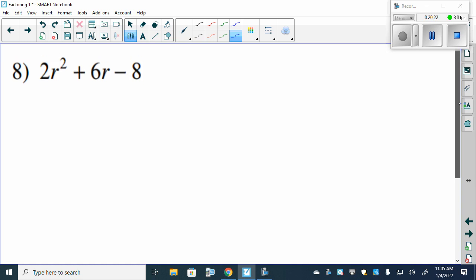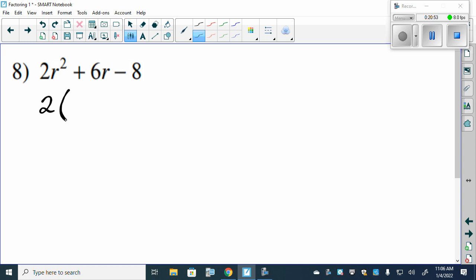What is the main difference between this problem and the ones we did before? There is a number in front of r squared, and also, do we have a greatest common factor? 2. So here, this is the first problem that we actually do have a greatest common factor of 2 that we can pull out. We can factor it out.